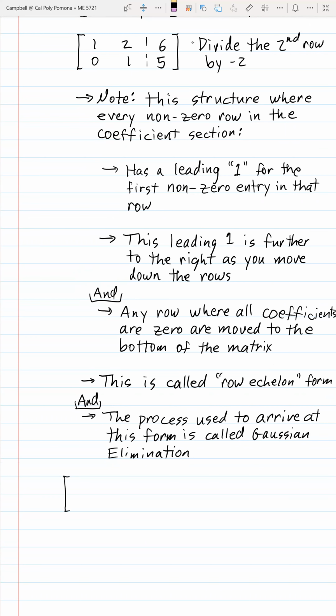Now, to get to another form, though, I could do one more thing, which is instead of having zeros below the leading ones and only requiring the entries below the leading one to be zeros, I could add an additional requirement that the values above the leading ones must also be 0.